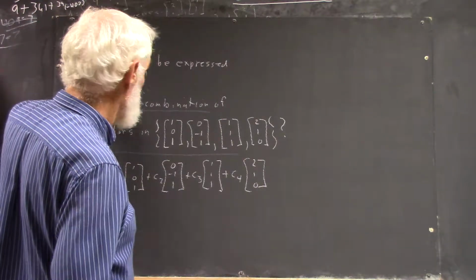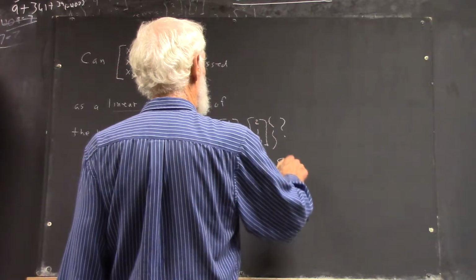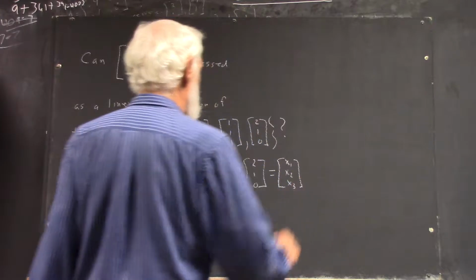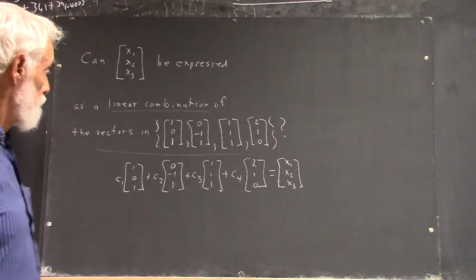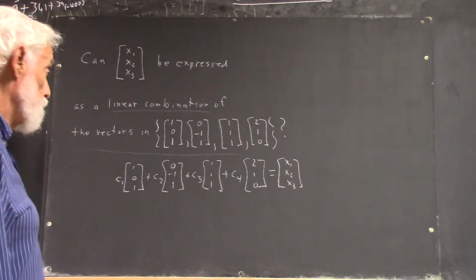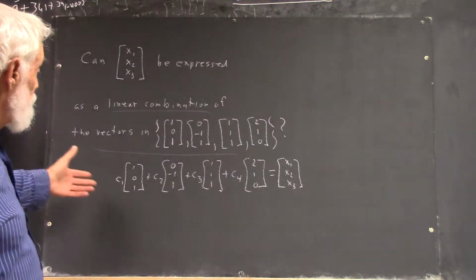And then can this be expressed as a linear combination? That means, could this be equal to x1, x2, x3 for some constants C1 through C4?